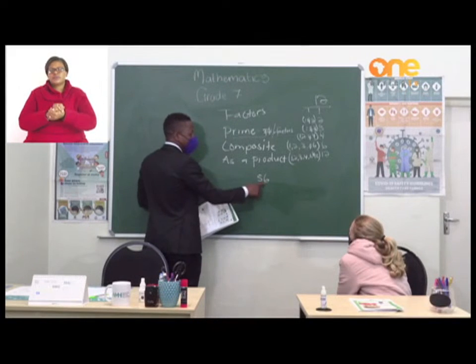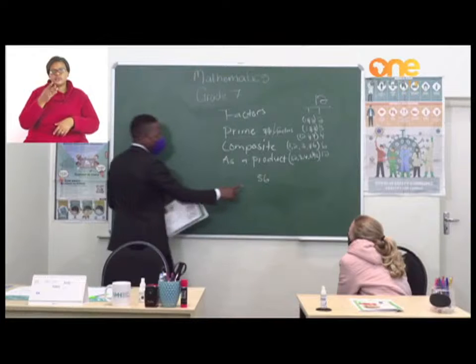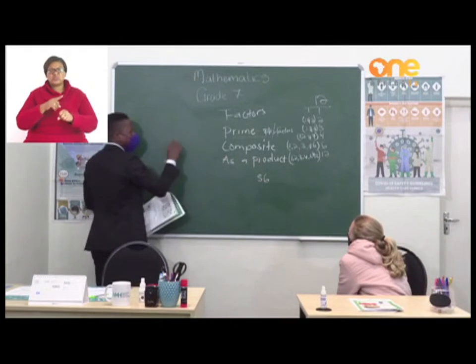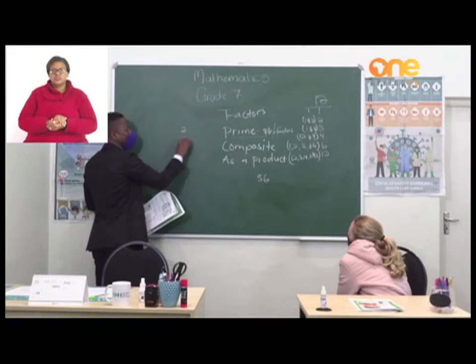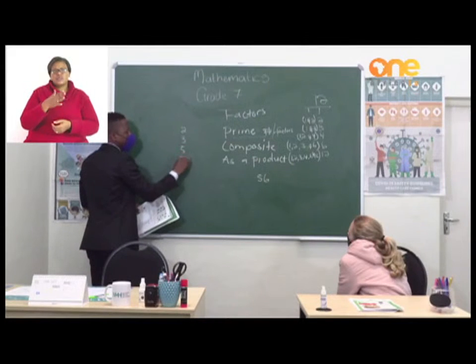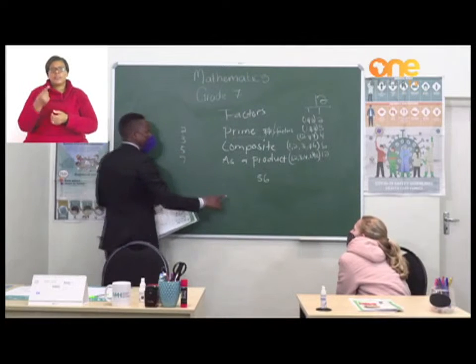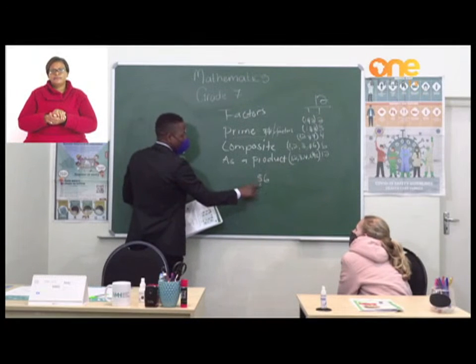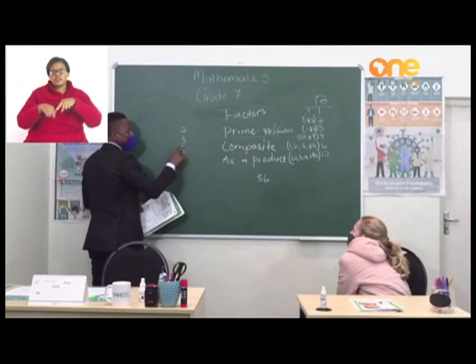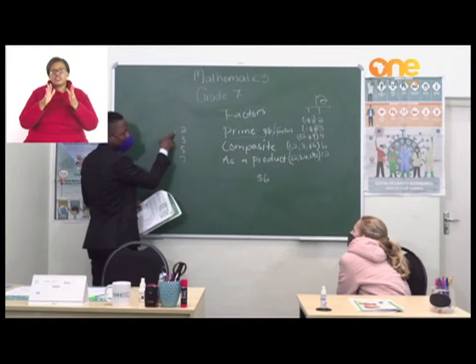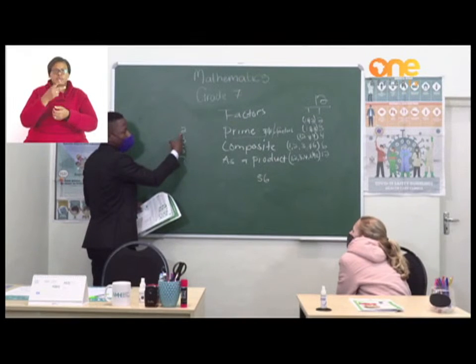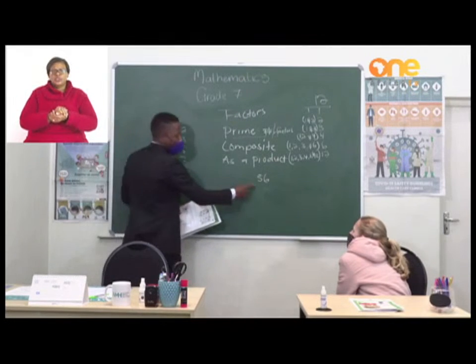Our starting point is 56, and then you have to halve 56. Why do we have to halve? Prime factors are 2, 3, 5, 7, and it goes on. But when it comes to factorizing, we are starting with the lowest possible prime factor, which is 2. When you divide by 2, you are halving.